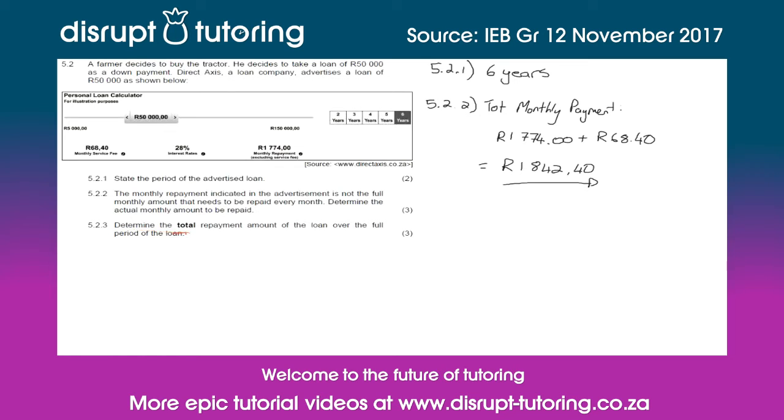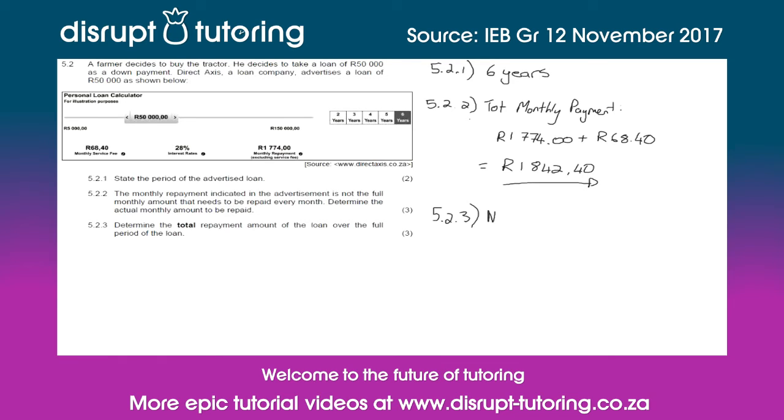Determine the total repayment amount of the loan over the full period of the loan. So it's 5.2.3. For the full period, we've just calculated the monthly repayment, and it's over a 6-year period. So we need to find out how many months are in this period.